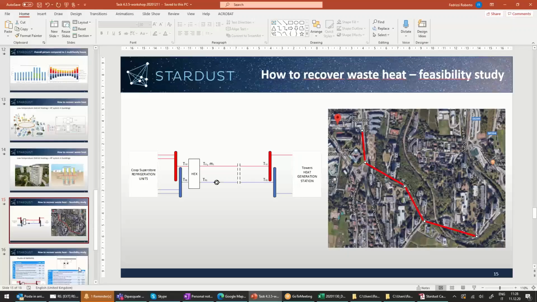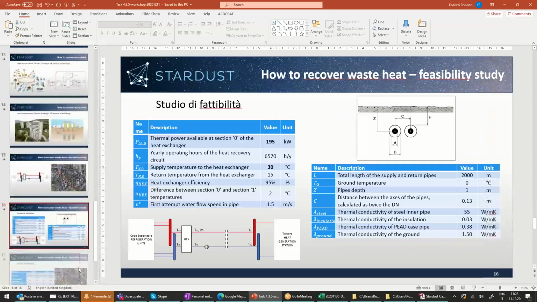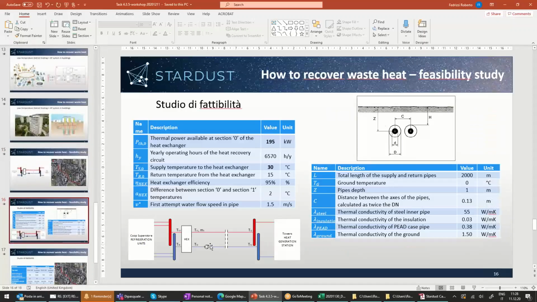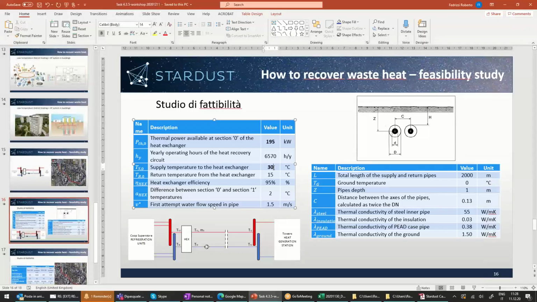Here are a few details. The capacity of the heat exchanger, so the capacity of the waste heat recovery system, is in the range of 200 kilowatts, which again, if you remember, is the size of the low temperature refrigeration system, the small one. We thought we can distribute say low temperature water from the superstore to the tower at something like 30 degrees.